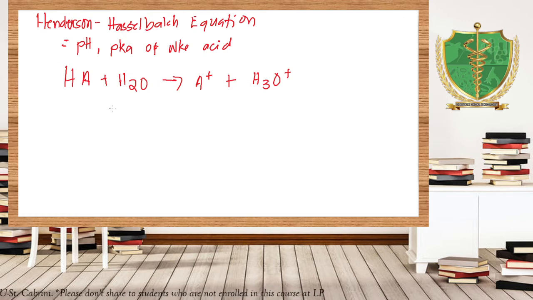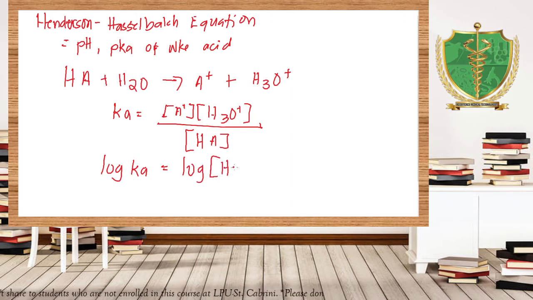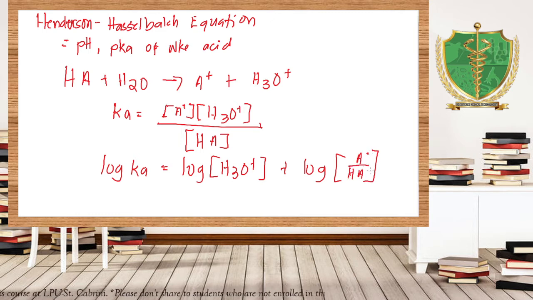Okay, so that is basically Ka is equals to our A times our hydronium ion over our HA. Okay? Taking the logarithm, log Ka is equals to log of our hydronium ion plus the log of our A over HA.